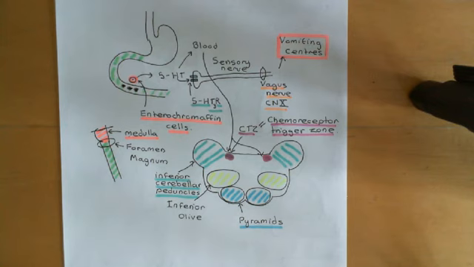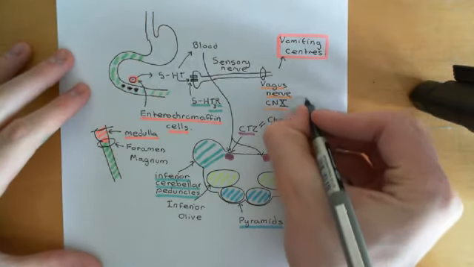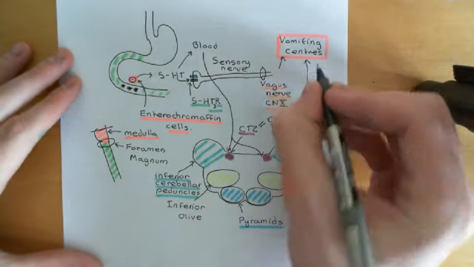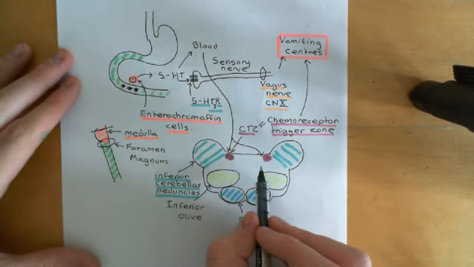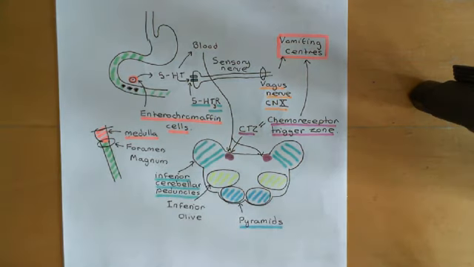So the chemoreceptor trigger zones seem to respond to the 5-HT from the enterochromaffin cells as well, and they again seem to then send messages to these vomiting centers, which are structures very close by the chemoreceptor trigger zones in the medulla, which again triggers vomiting.